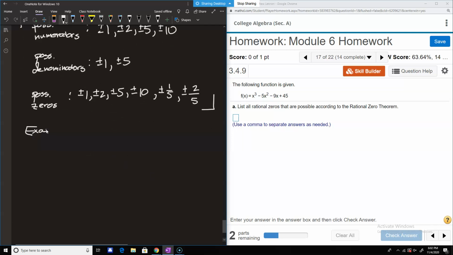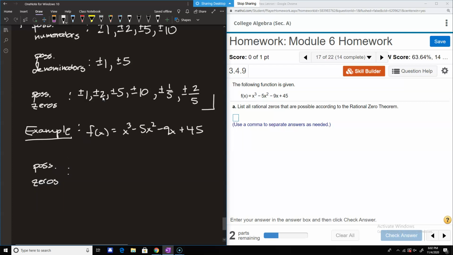So in this example, we'll try and skip the steps, but we have the function f of x equals x cubed minus 5x squared minus 9x plus 45. So let's list the possible zeros. Let's try and just do it all in one step. If that's confusing, please let me know.